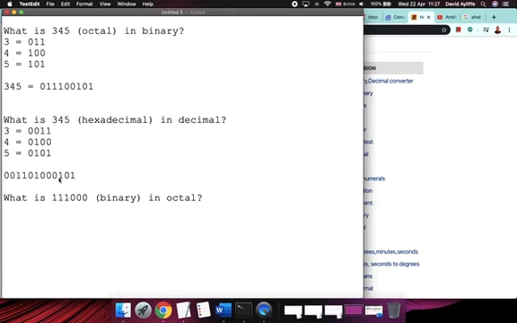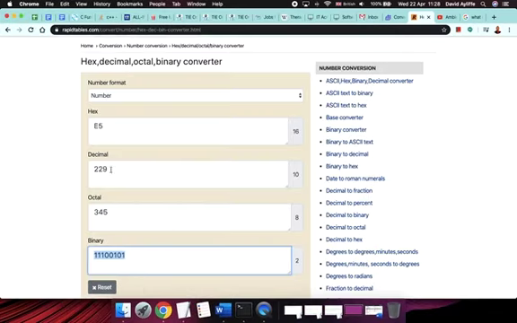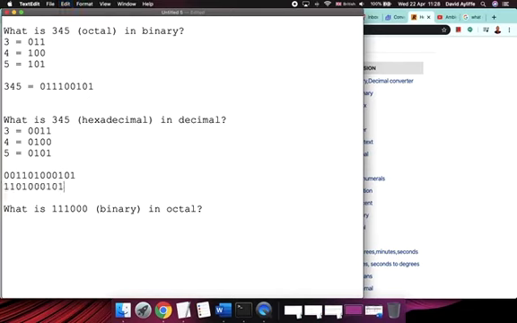And then we have 345 hexadecimal in decimal. So we don't need these leading zeros. Or do we? 1, 2, 3, 4, 5, 6, 7, 8.